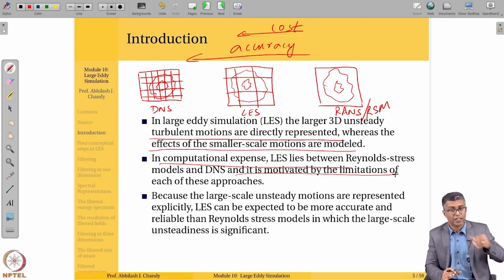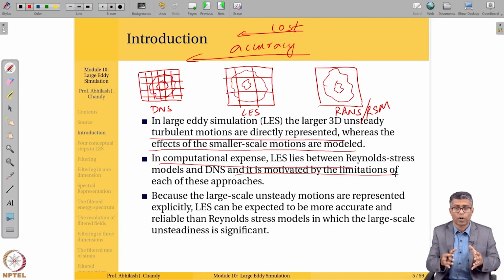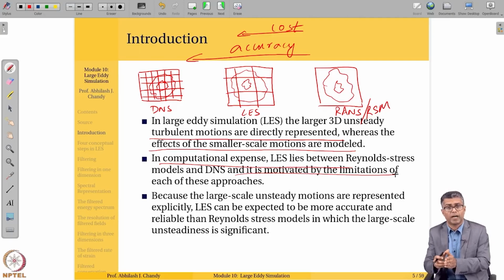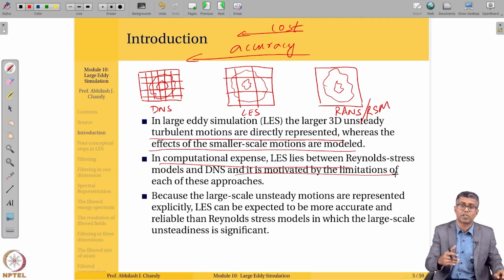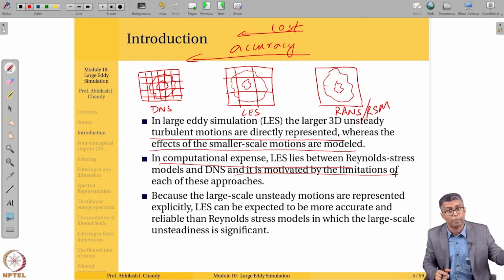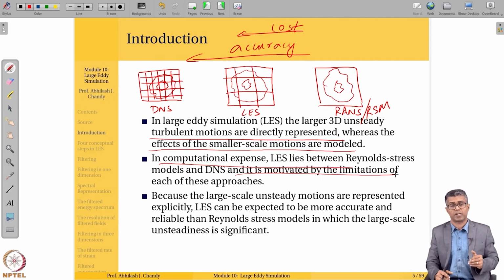The whole idea, and we discussed this even at the end of the last module, is based on saying that the Reynolds stress is proportional to the mean strain rate, which in most cases won't be accurate at all. We saw an example of a contraction where the mean strain rate could be 0 if there is no contraction, and that means the Reynolds stress would be assumed to be 0 there. Whereas in reality, if it is preceded by a contraction, there could be a time history associated with the evolution of the strain rate.